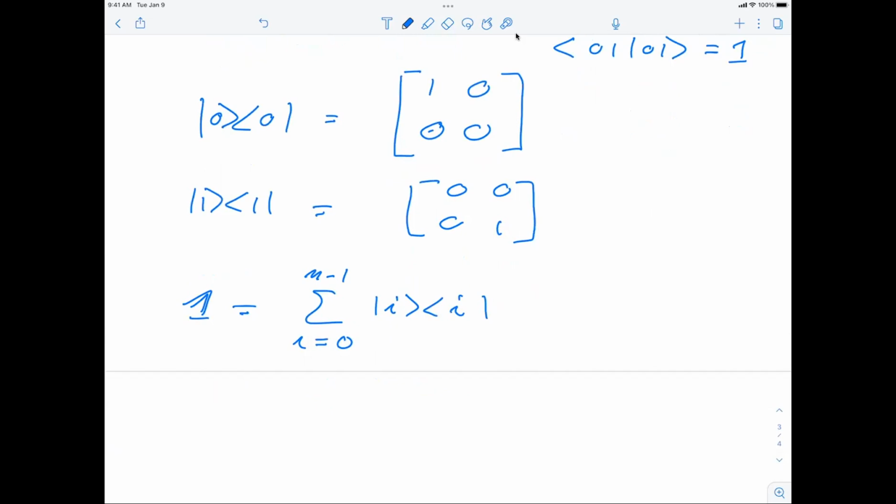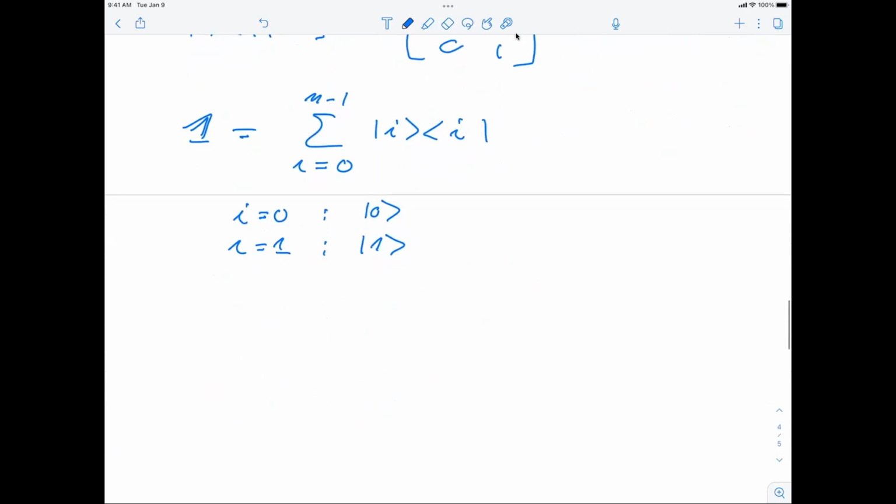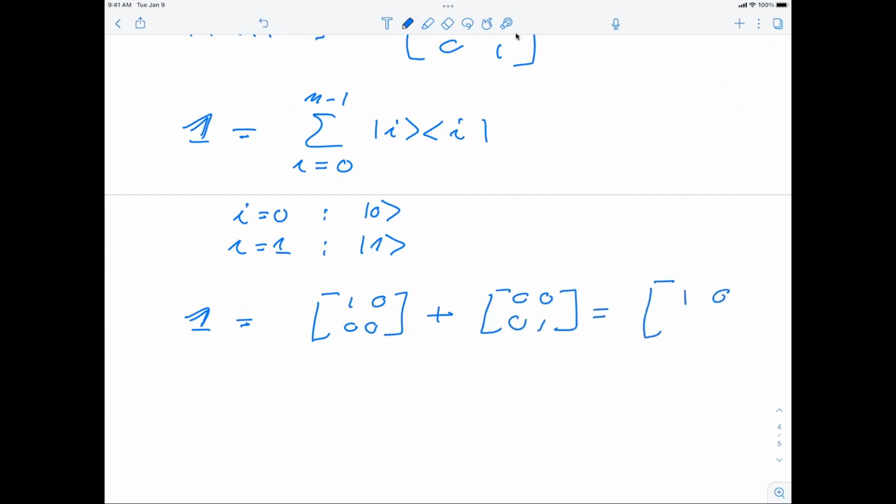So if I now look at the specific case where my i equals 0, that corresponds to the state 0. And then I stop at i equal to 1, and that corresponds to state 1. For this specific case, then you see now that when I add these two matrices, I have 1, 0, 0, 0 plus 0, 0, 0, 1, and you see that this is the identity matrix, like that.